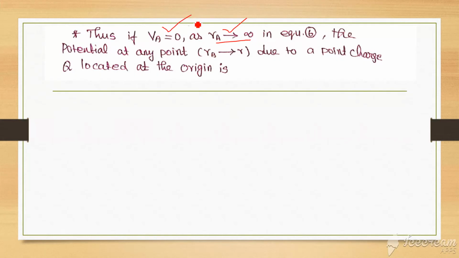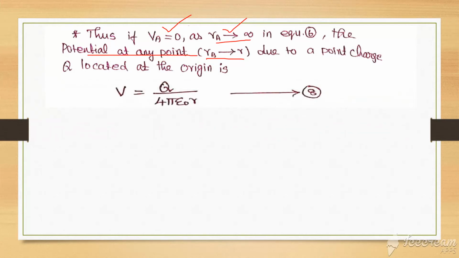Now substitute these two cases in the previous equation number 6. Then the potential at any point, where we consider RB as R, due to a point charge located at the origin is simply V is equal to Q divided by 4 pi epsilon naught R. This is the general formula for potential.